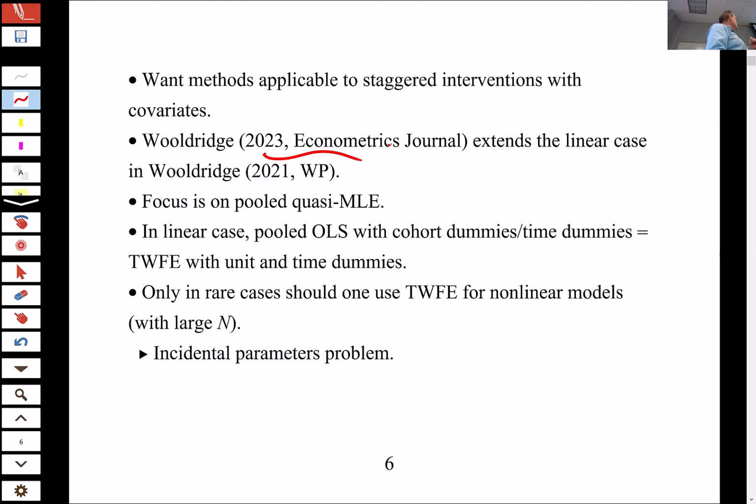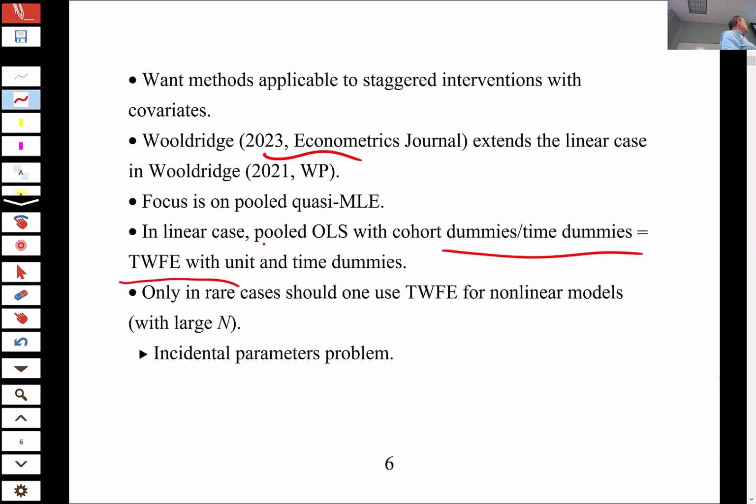Okay, so in the linear case, this was kind of the key insight that I had when I showed that doing a full two-way fixed effects, where suppose you had 3,000 counties, you would put in 3,000 dummy variables, one for each county, right? Well, you're not supposed to do that with things like logit, because of the so-called incidental parameters problem, or probit or most nonlinear methods.